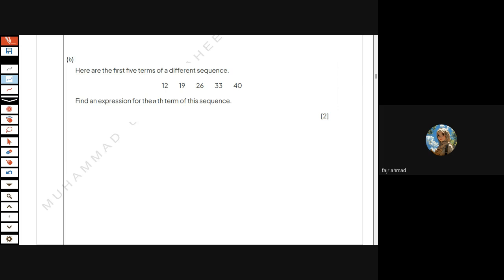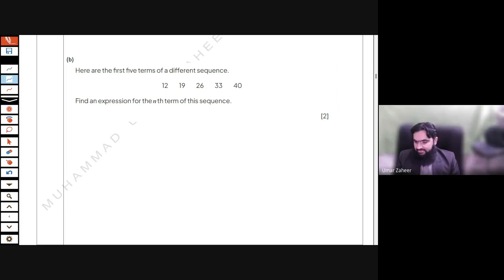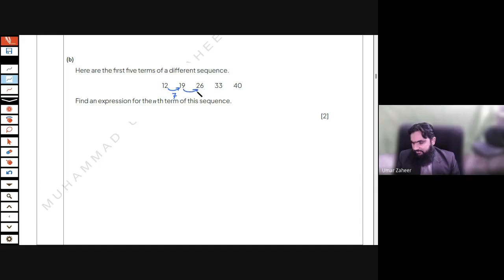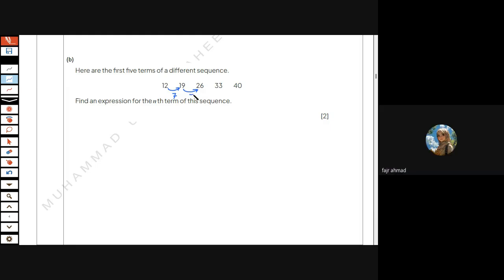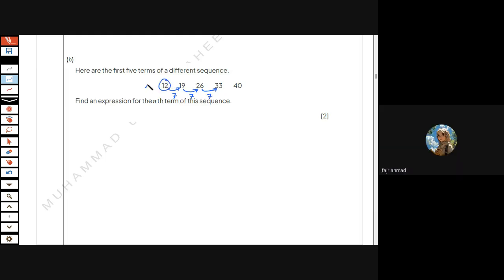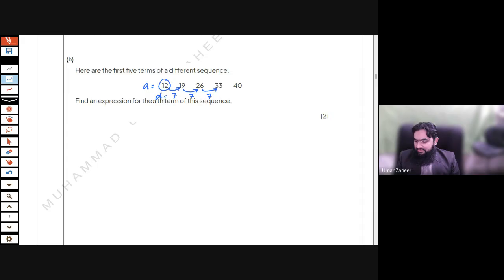Sir, it's an arithmetic sequence. What is the difference? 7. 26 minus 19 is 7 as well, and 33 minus 26 is 7. So a is 12 and d is 7.